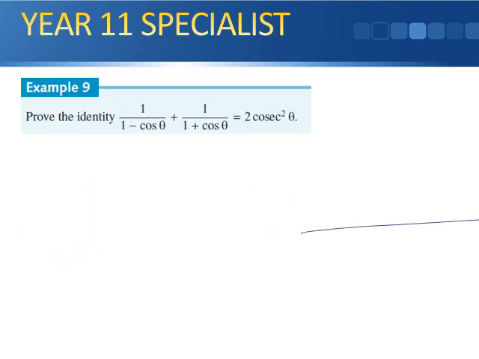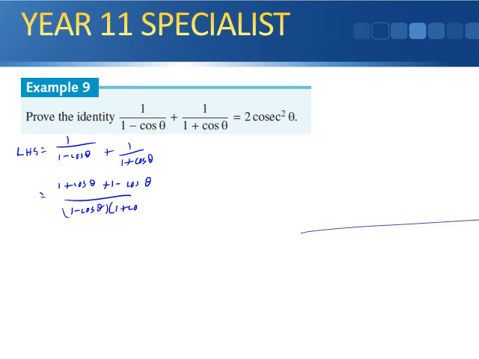Example number 9. We've got to prove it, so let's start with the left hand side, which equals 1 divided by 1 minus cos theta plus 1 divided by 1 plus cos theta, which will give me, same denominator, 1 plus cos theta plus 1 minus cos theta over 1 minus cos theta, 1 plus cos theta.